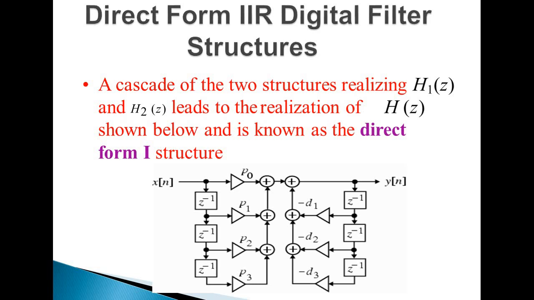Now in the third diagram we are going to cascade it. See, we have to cascade the two structures. The output of H1(z) is given as the input to H2(z). This is called the direct form 1 structure. See, that is the direct form 1 structure shown in this particular PPT.